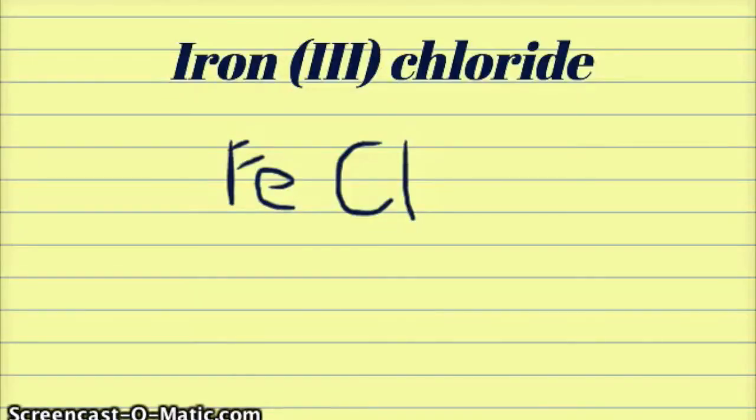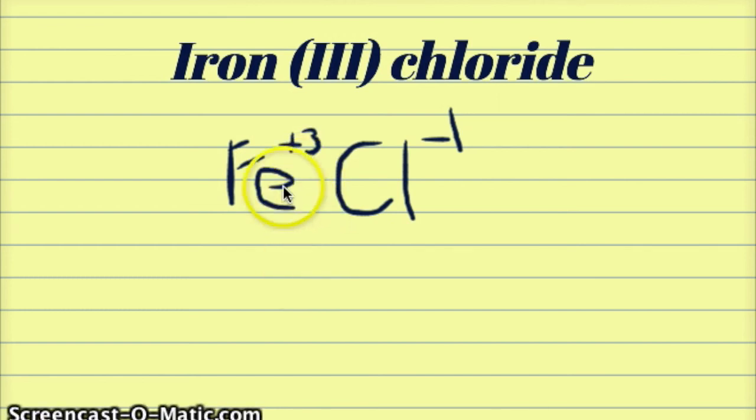Now we're going to do from name to formula. As you can see, we still have the Roman numerals right here. What we're going to do is, we know that chloride is a -1 charge. So -1. And because of the Roman numeral, iron will be a +3.